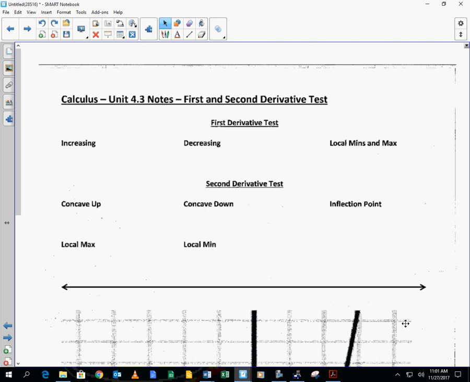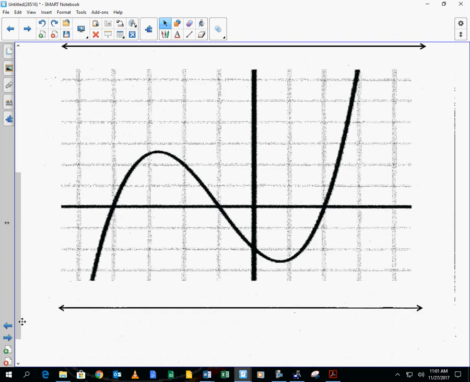So here we go. We have a function, okay? Is the function increasing or decreasing right here? How about here? How about here? So you try to make the conjecture for me, okay? The function is increasing when the derivative is positive.